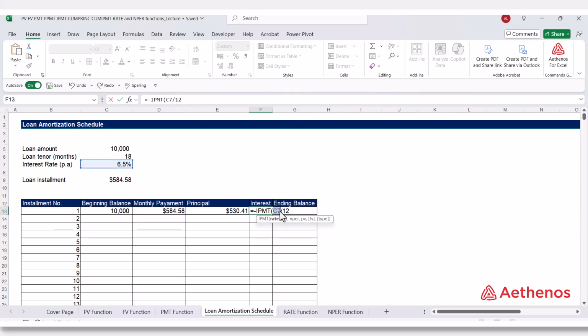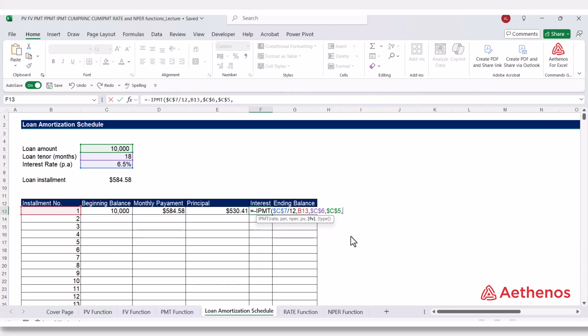And I need to fix this using F4. And then the pay installment number, I can link it to this cell. And the number of payments is 18, and I need to fix that. And then the present value is the loan amount, 10,000. I need to fix that, F4.